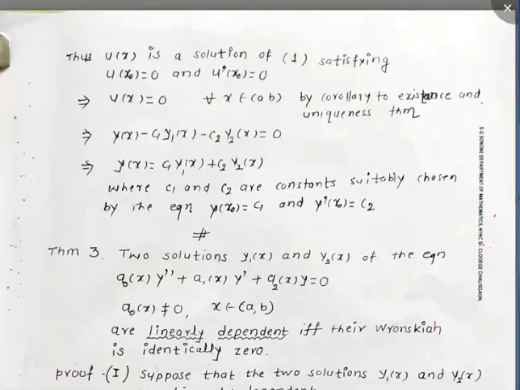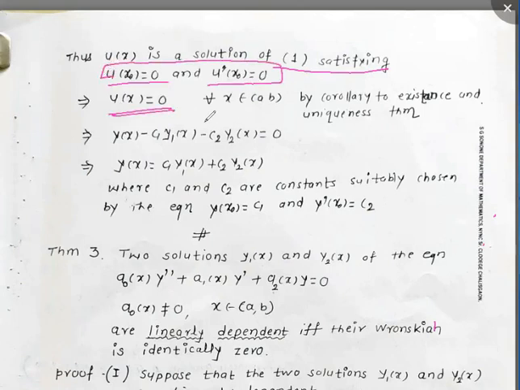Thus u(x) is a solution of equation 1 satisfying these conditions. So it implies that u(x) is identically equal to 0, that means it is 0 for all x, by the corollary to the existence and uniqueness theorem.